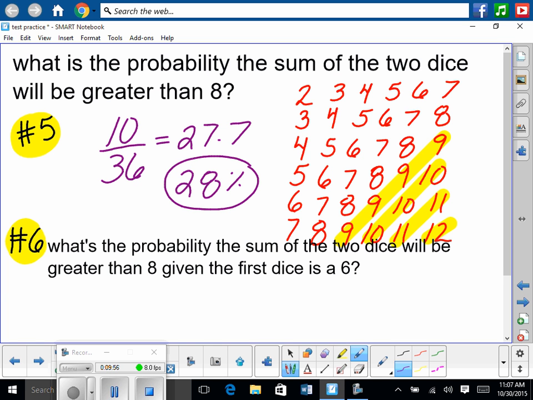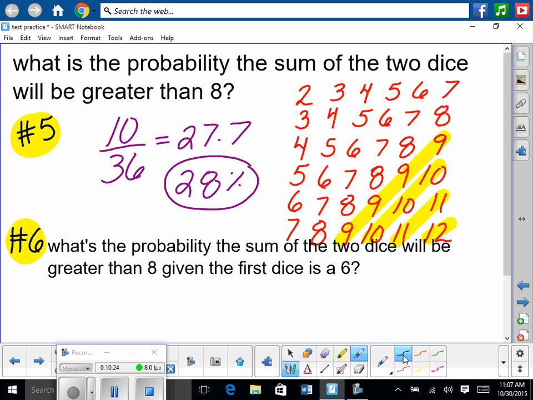Okay, so now number 6. What's the probability that the sum of the two dice will be greater than 8, given that the first dice is a 6? So this one's a little bit trickier. This time we're given that the first dice is 6.